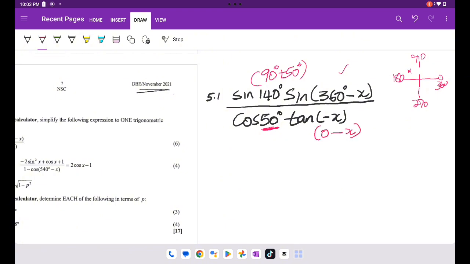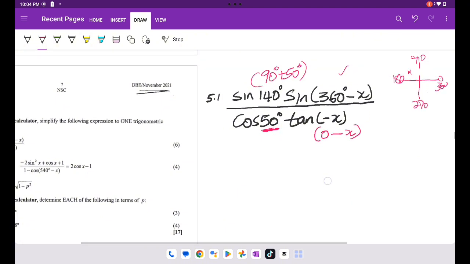Now, I want us to ask ourselves just 3 little questions so that we can reduce this, because this is a reduction formula. Question 1, we need to know the quadrant in which the angle is. Then we need to check whether the sign of the ratio is positive or negative. And then the last question: we need to check whether we're going to change the ratio or not.